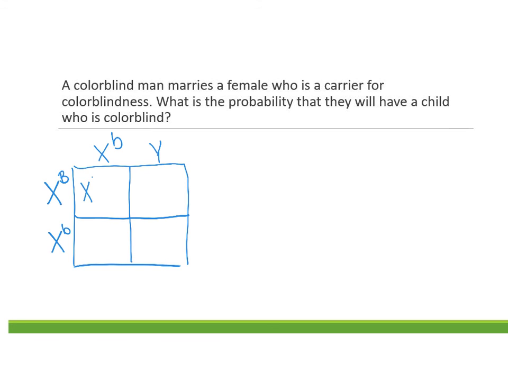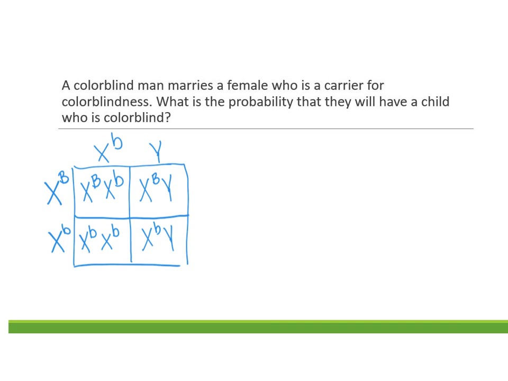So X, we do try to write the capital first. I'm going to do X capital B, then X lowercase b. Then I have X capital B, Y. On the bottom left, it's X little b, X little b. And then bottom right is X little b, Y.